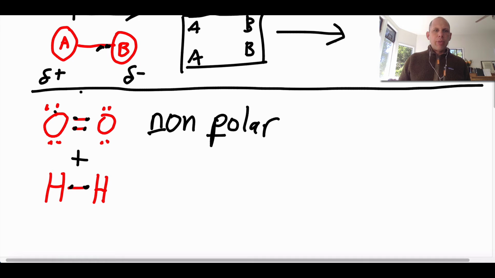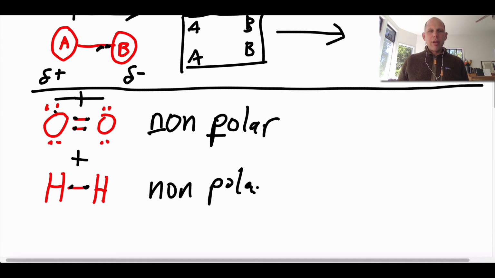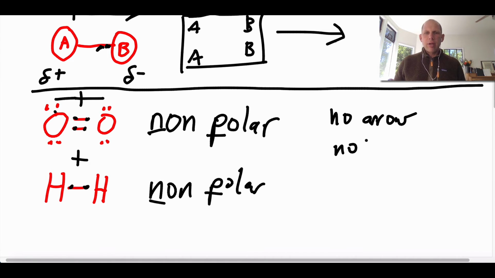So there's no dipole arrow. So non-polar means there is no pull. If there is no arrow left over, it is non-polar.